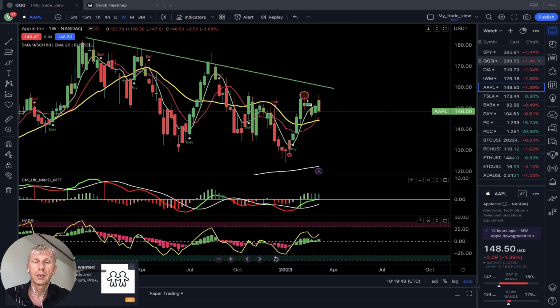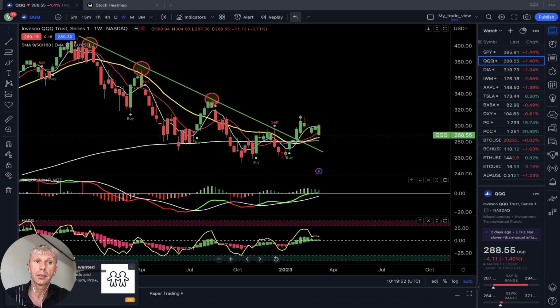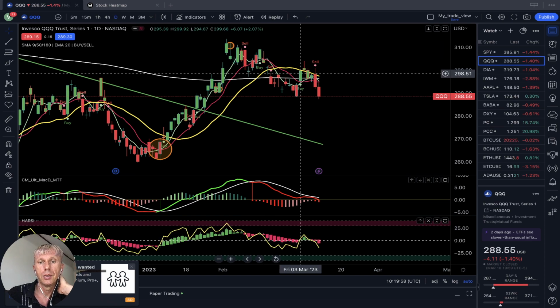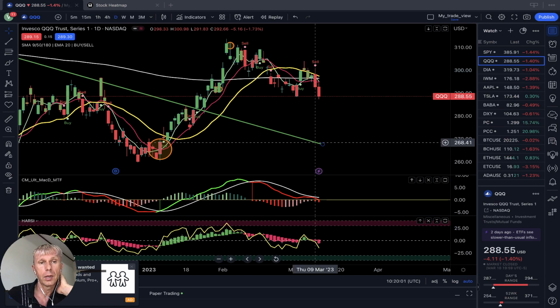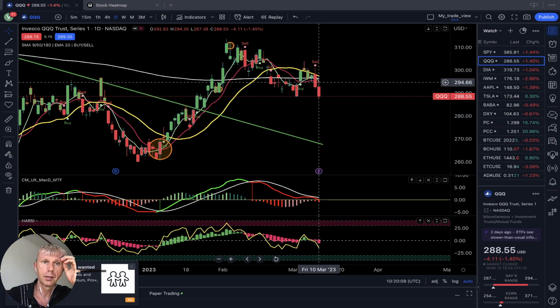Sorry for that mess. QQQ still bullish on the weekly time frame, but on the daily time frame, you see QQQ didn't test this major trend line. All other indexes tested that major trend line from the top of the market. QQQ is negative on the daily time frame, but didn't test the major trend line.